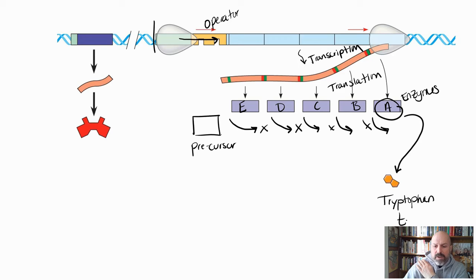Tryptophan is abbreviated as TRP. And you've noticed this, you've used tryptophan in your amino acid chart. Tryptophan is a crucial amino acid used in a lot of different proteins that the prokaryote needs. So it needs to be synthesized. And as it's being made, it's going to be made in abundance.